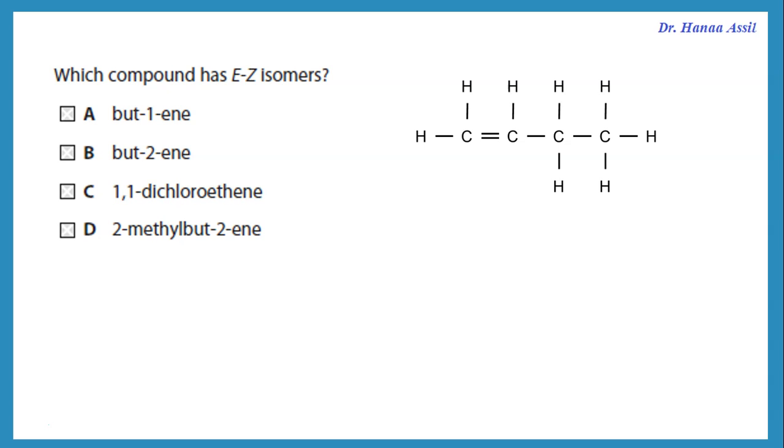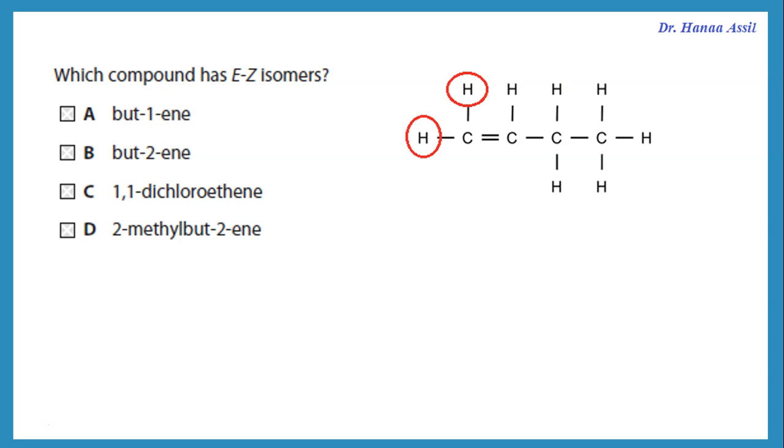Where are the carbons on the sides of the double bond? Well, this carbon is bonded to the same group. That means this compound cannot form cis-trans or EZ isomers. What about but-2-ene? Each carbon is bonded to two different groups. Yes, this can form an E or a Z.